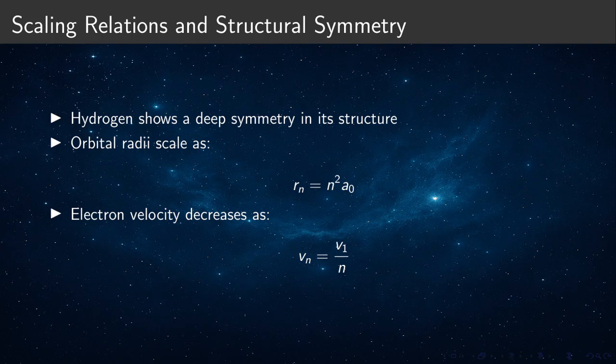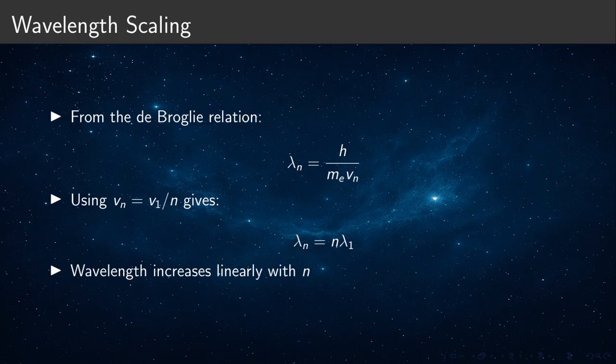Scaling relations and structural symmetry. This wave-based formulation reveals a fundamental symmetry in the hydrogen atom. While orbital radii increase according to R_n equals n squared a_0, the electron velocity decreases inversely with the principal quantum number, v_n equals v_1 divided by n.